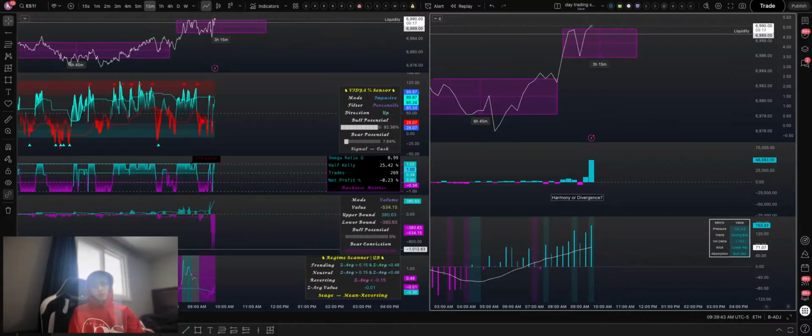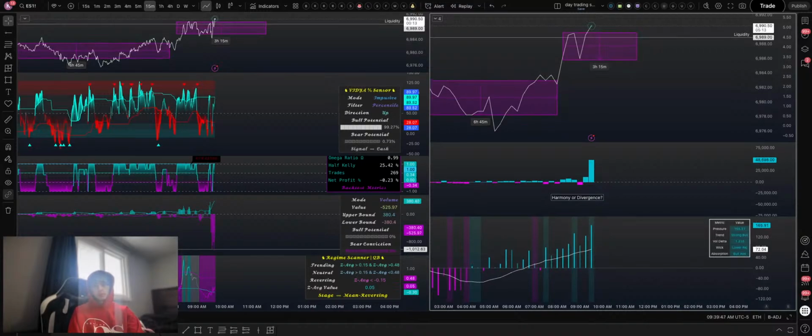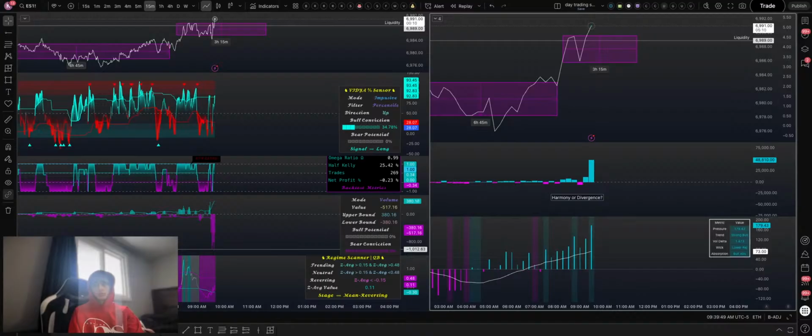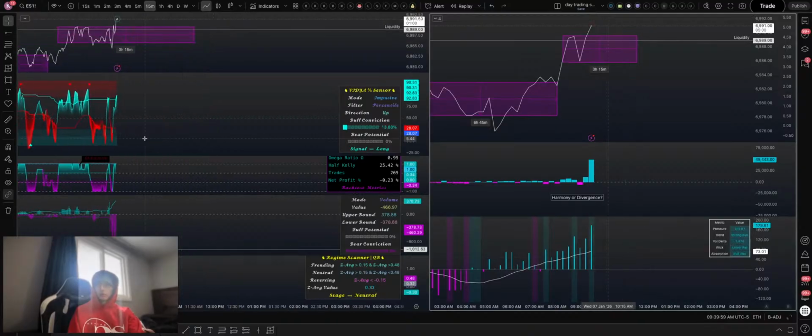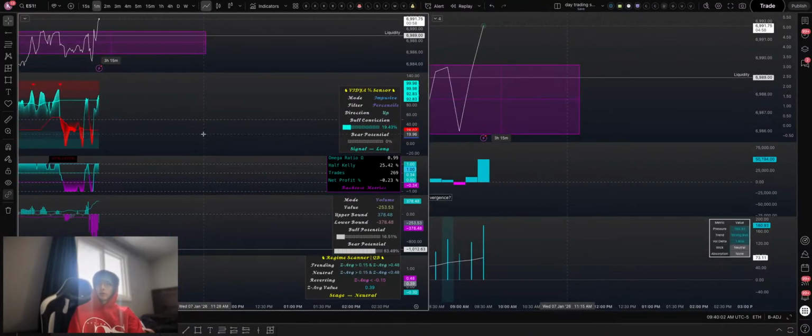Very skeptical though. I'm very skeptical. We got harmony in bullish movement though. I will say that.